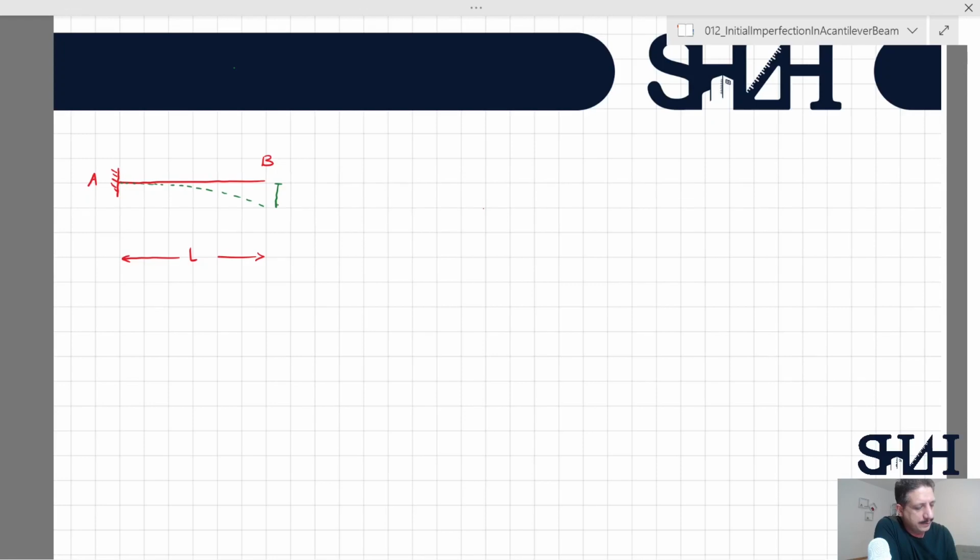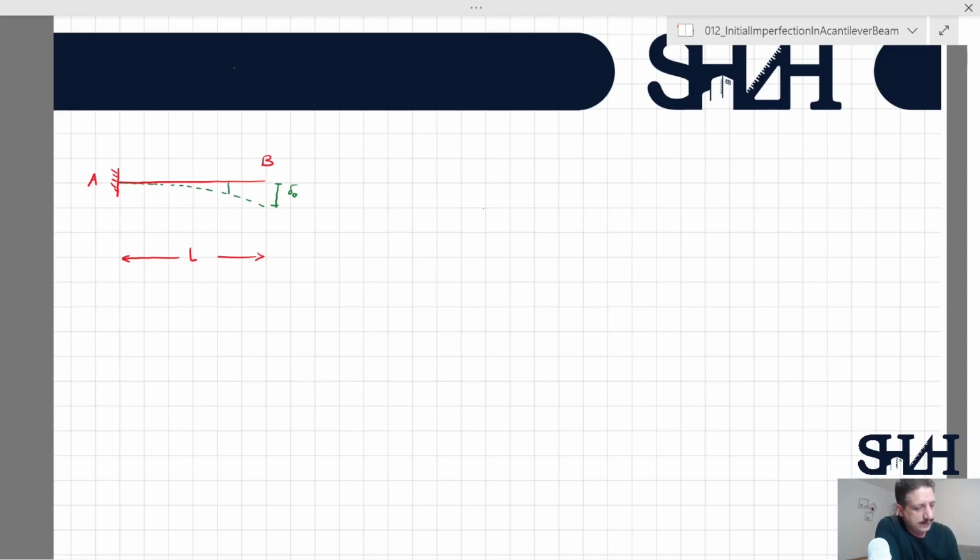And the tip, point B, is deflected by delta 0 initially. Remember that this delta 0 is very small and it is exaggerated here. It is not in the scale and it cannot be seen easily. It can be L divided by 1000.